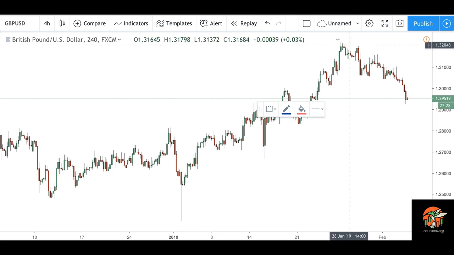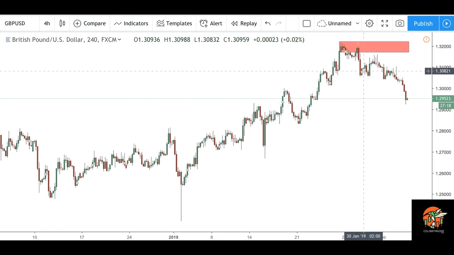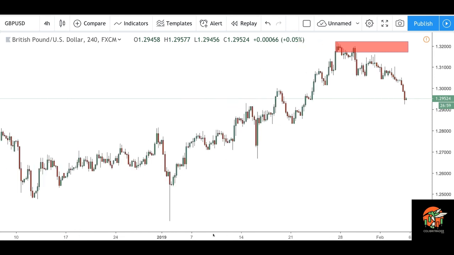There was a very small supply zone which formed here at the top of the chart, and you can see that this area was followed by this bearish engulfing pattern, which led to further sell off, and then there was a bit of a range trading area, and today we saw this breakout to the downside. There was not a very clear sign to trade this currency pair from the 4-hour chart.